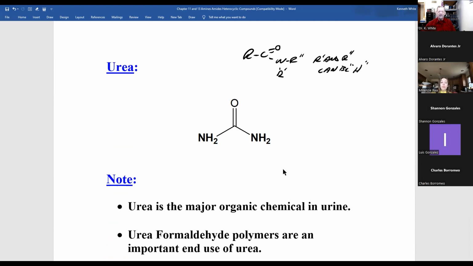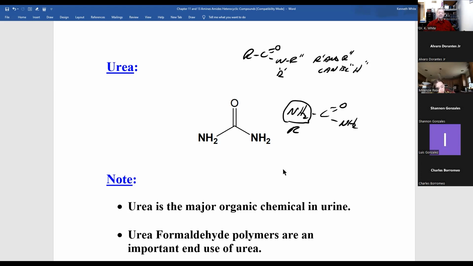And that's this molecule, which I'm going to write like this. And this is called urea. And it's an amide, even though this is R prime or R, which you normally think of as carbons, urea undergoes most of the same reactions amides undergo.